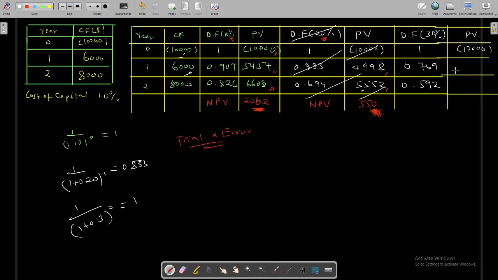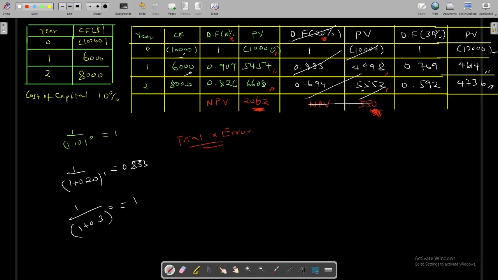That one will give us 4614, and 0.592 multiplied by 8,000 will give us 4736. Now when we add this plus this and subtract this, we will get the NPV.